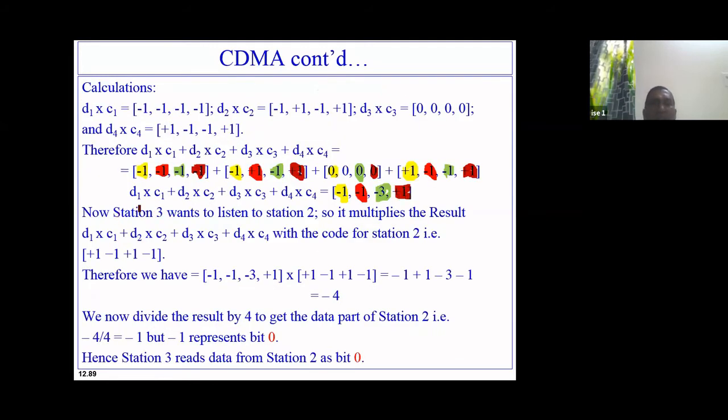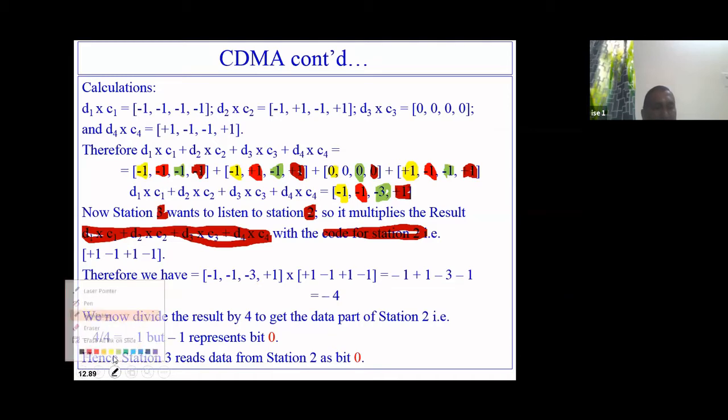Now, suppose station 3 wants to listen to station 2. So what it will do is take this entire sequence and multiply it with the code for station 2. Code for station 2 is this particular code: plus 1, minus 1, plus 1, minus 1.